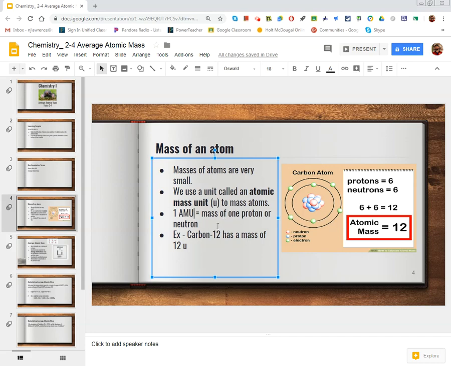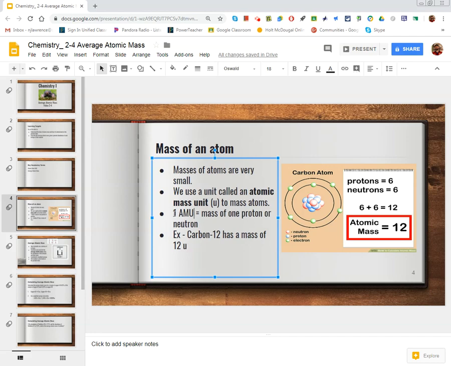And so then we determined what AMU was based off the carbon-12 isotope. We have an atom of carbon. That atom of carbon we know has 6 protons and 6 neutrons, and it's the most abundant isotope of carbon, and we say that it has 12 AMU.